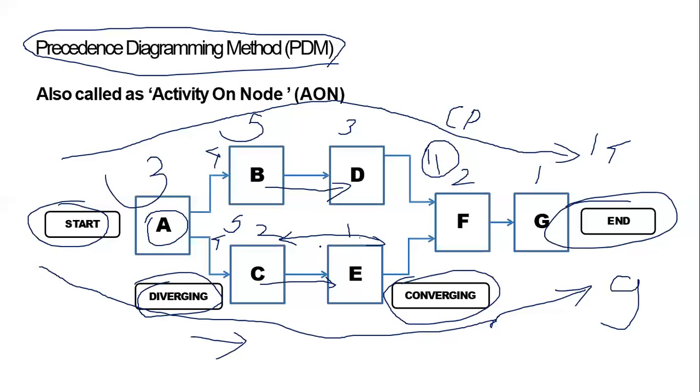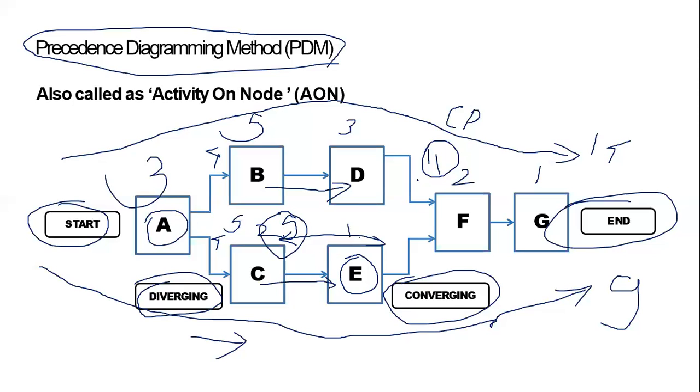So there are two kinds of floats. One is total float and one is shared float. Most probably when they say float, it's going to be total float. So let's say for this activity, this is going to be 11 days, and let's say E is going to take 1 day. So if I start 3 and this is going to take 2, so this comes to the 5th day, right?